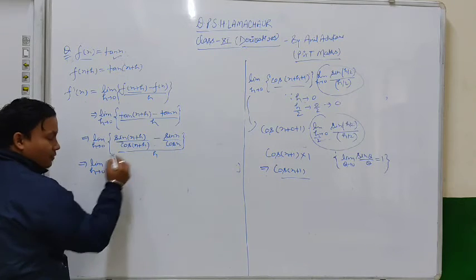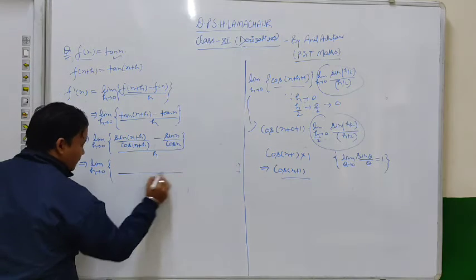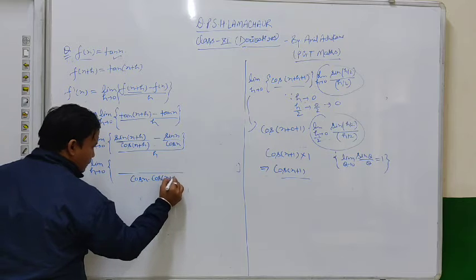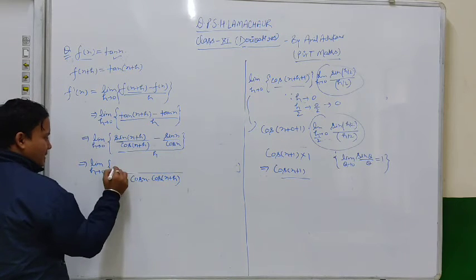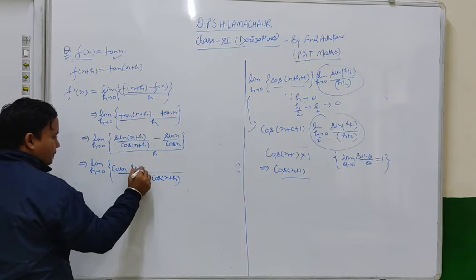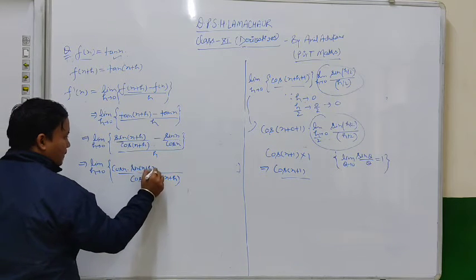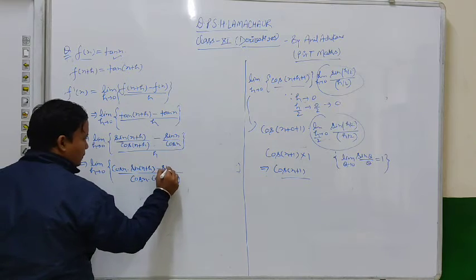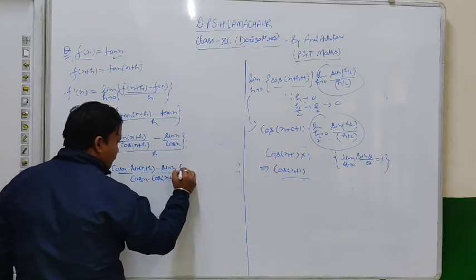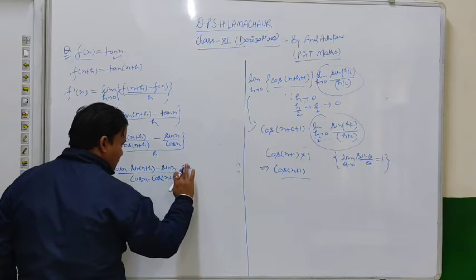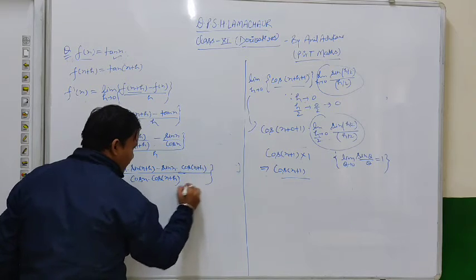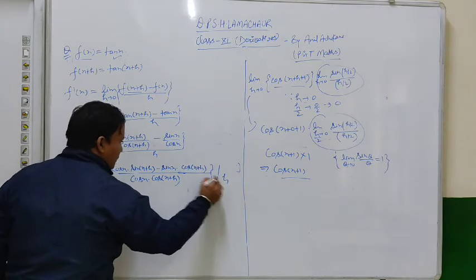Now taking cos x and cos(x plus h) as LCM, here we get cos x multiply sin(x plus h), minus sin x multiply with cos(x plus h), and divided by this h.